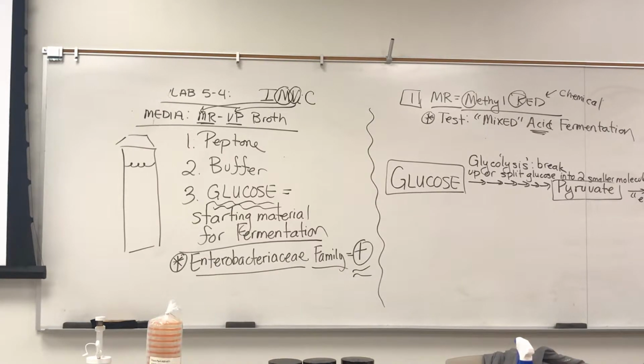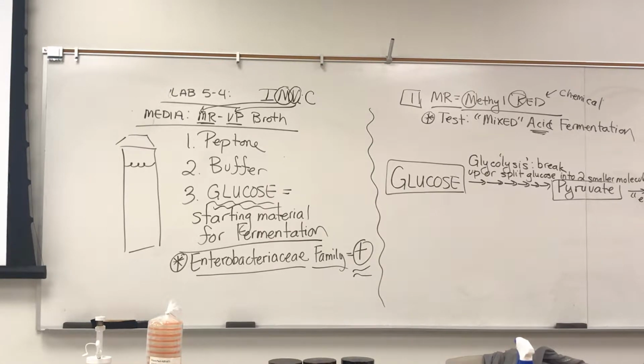Acetic acid is basically the stuff you find in vinegar, so that's pretty acidic. Formic acid is something that you find in, what is it? Oh, it's in ant venom. So that was the one thing that I saw. Succinic acid, I don't have an example for that one yet.